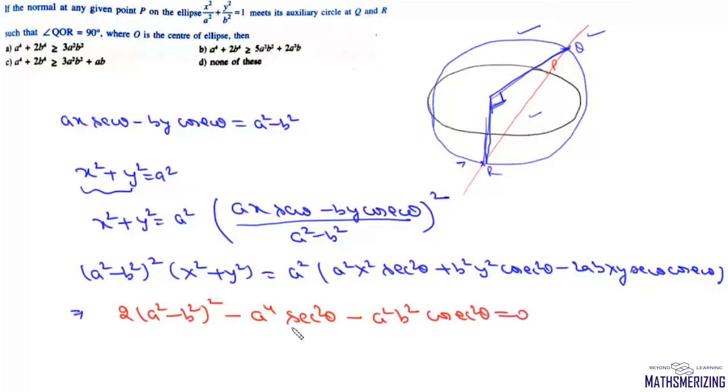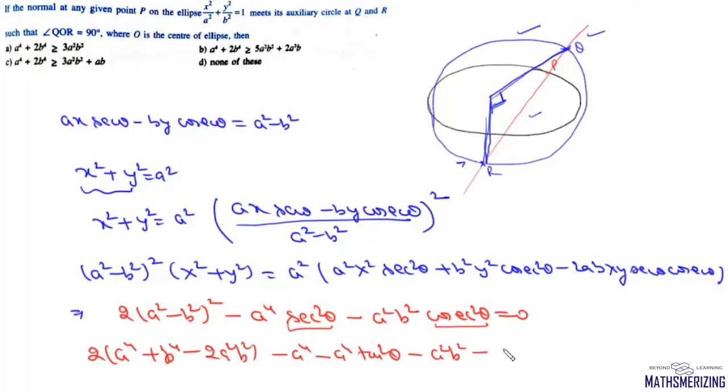Now what we'll also do is write secant square theta as 1 plus tan square theta and cosec square theta as 1 plus cot square theta. So then we can write 2 times, and here it will be a to the power 4 plus b to the power 4 minus 2 a square b square, and this one will be a to the power 4 minus a to the power 4 tan square theta and minus a square b square and minus a square b square cot square theta equals 0.